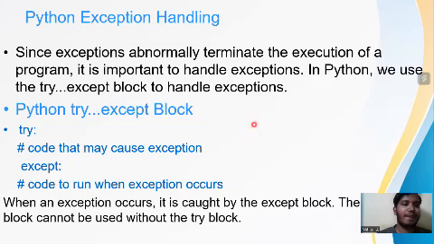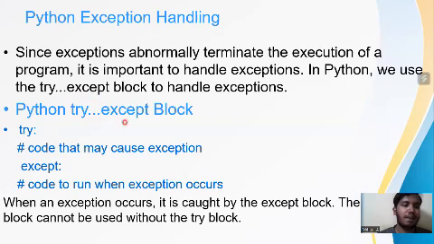Now Python exception handling. Since exceptions abnormally terminate the execution of a program, it is important to handle exceptions. In Python, we use the try except block to handle exceptions.